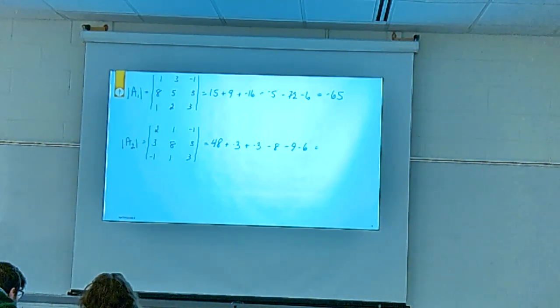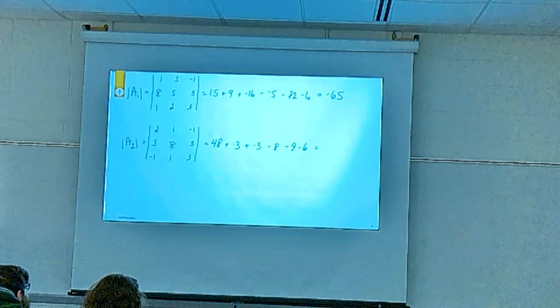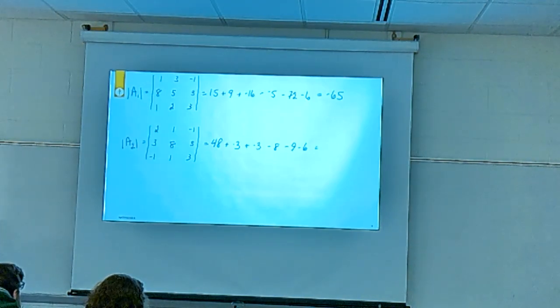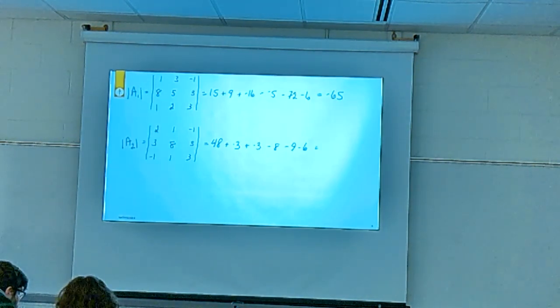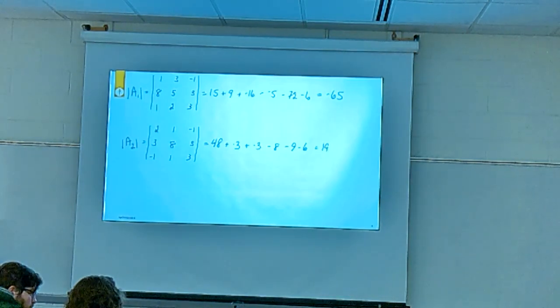It's not 3 6s. Should be -12 minus 8. -20 minus 9 is -29. So it's 48 minus 29. That sounds right. Arithmetic sucks. That should be right now.